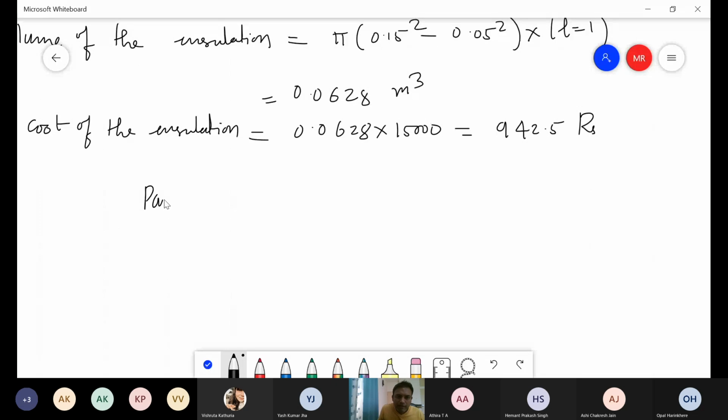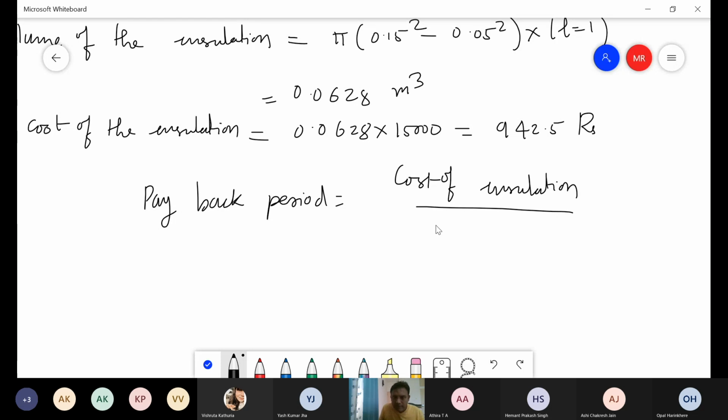The payback period can be directly calculated as the cost of insulation by saving.